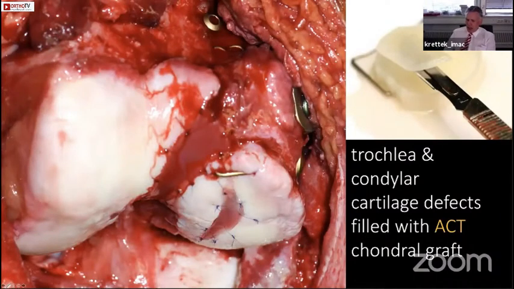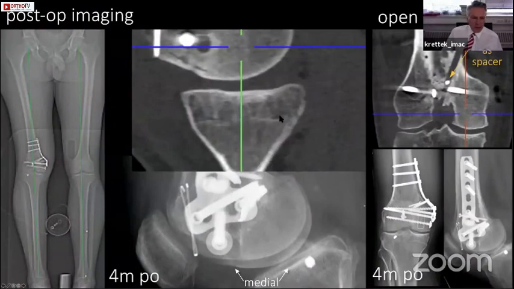Additional cartilage with ACT, chondral graft, and this is sutured in. And look at the postoperative imaging. We have now a perfect knee alignment axis, a perfect mechanical axis. We have a good restoration of the shape in the lateral view.